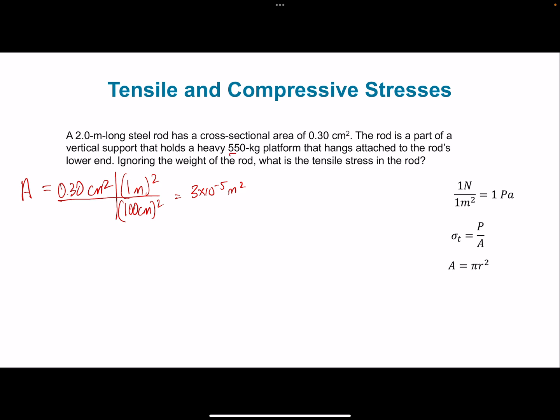And here you can see we have a mass, 550 kilograms. So what happens here is if our mass is 550 kilograms, the weight of this mass is what's causing our force. So the force is equal to the mass times the gravity. So that would be 550 times 9.8. And that's how we get it into newtons. So that's 5,390 newtons.